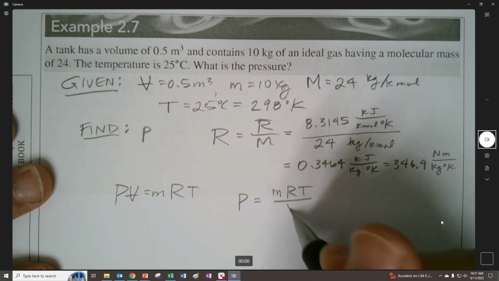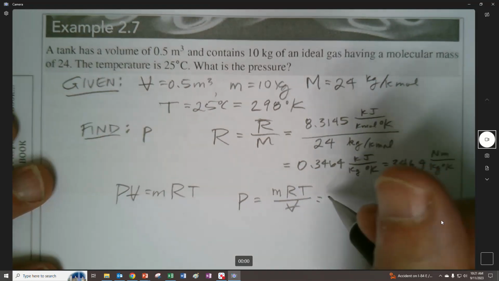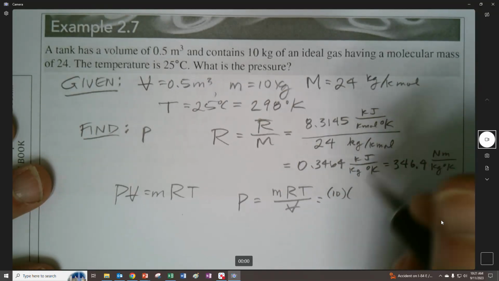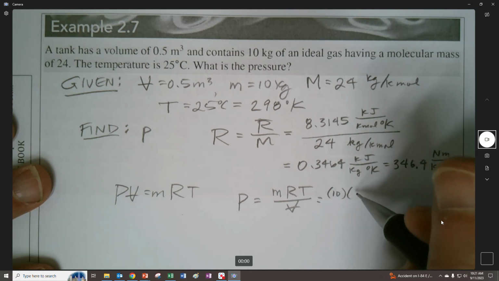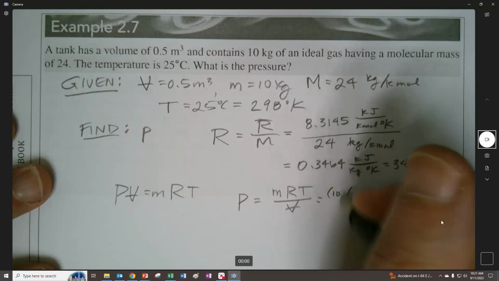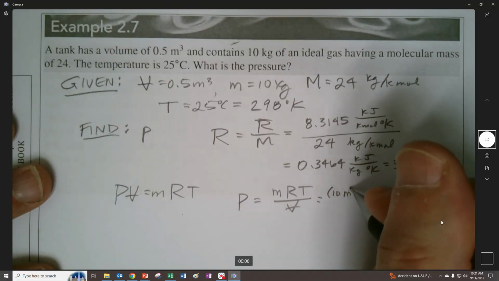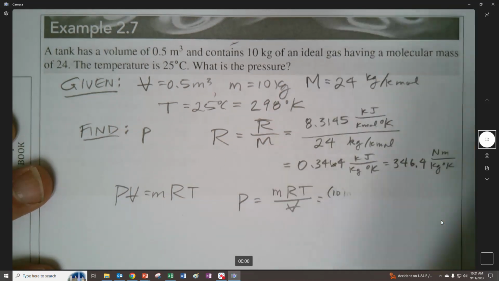mRT divided by V. So we have the mass, 10. The R is, well, do I want to put the base units in here? We'll continue to use the units for a little while until we're certain. I just wrote M, kilograms.